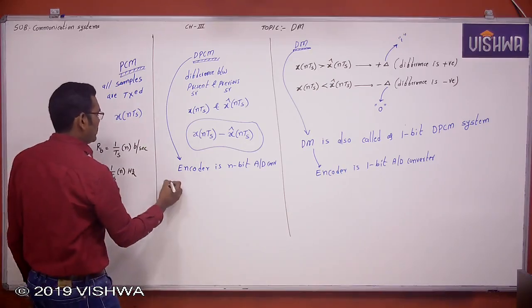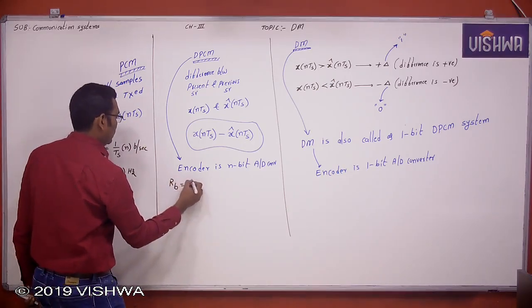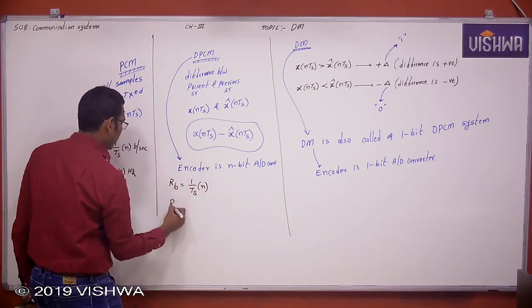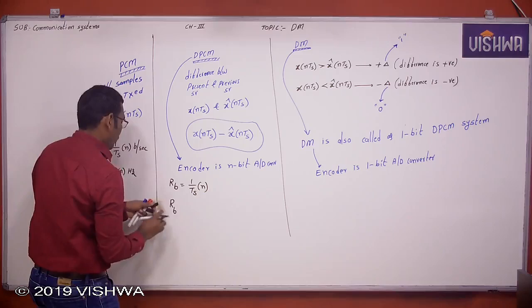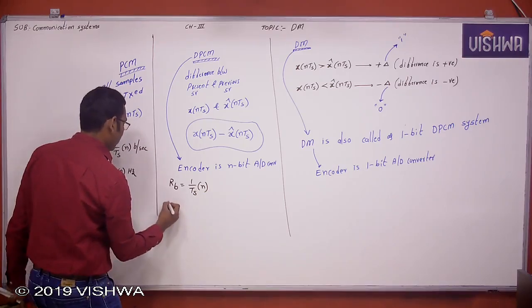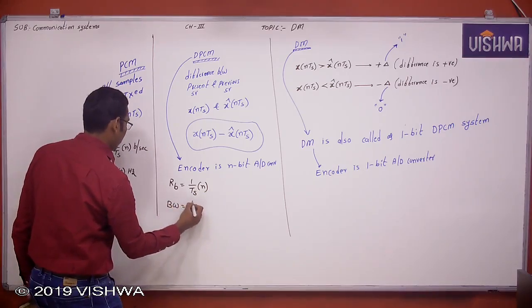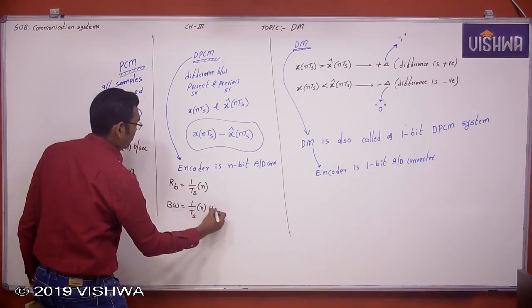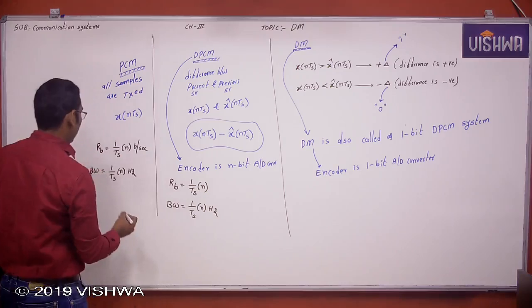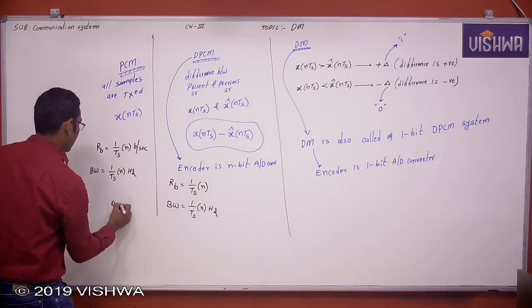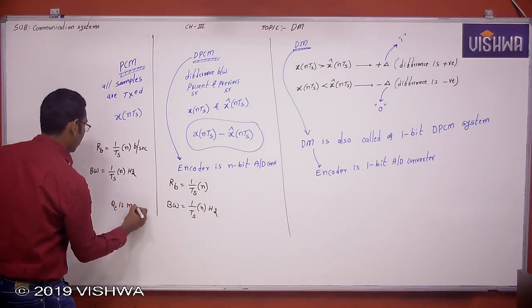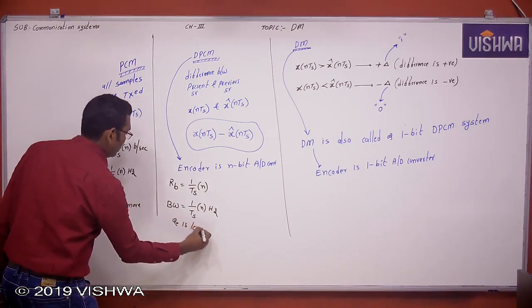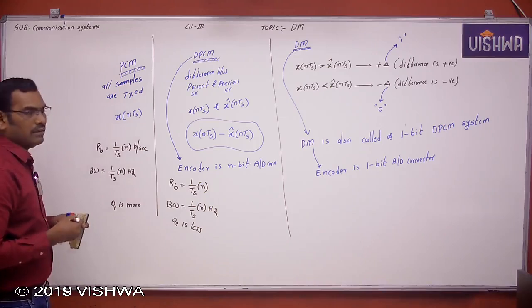This is also the same, but with correlation, more samples are correlated, therefore the quantization error is somewhat less. Here the quantization error is more, here the quantization error is less, but the bitrate and bandwidth will be the same.